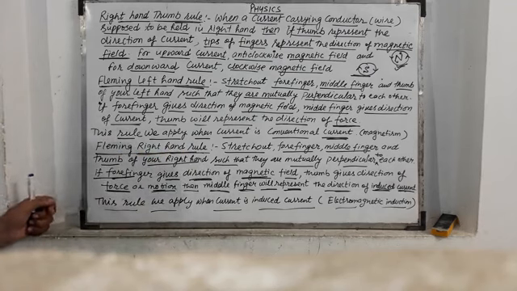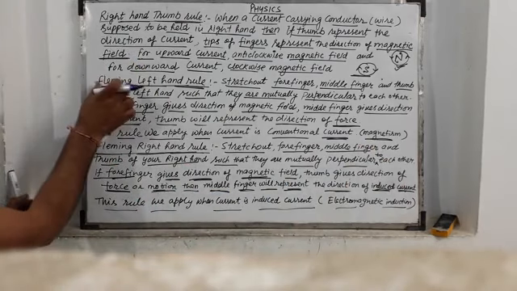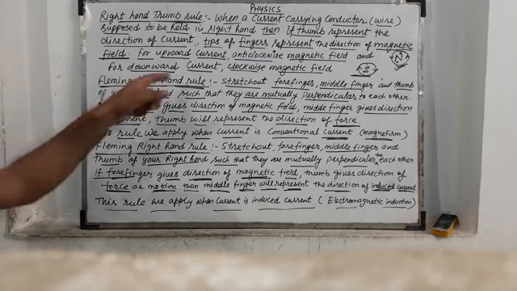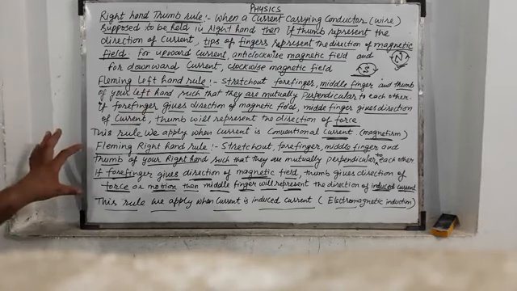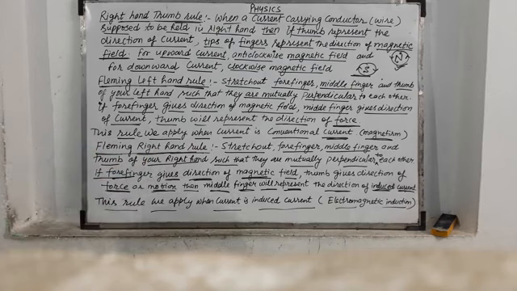Okay. In case of electric motor, we have magnetism. So we use Fleming left hand rule to find the direction of motion of coil. In case of motor, we use Fleming left hand rule, and in case of generator, we use Fleming right hand rule.